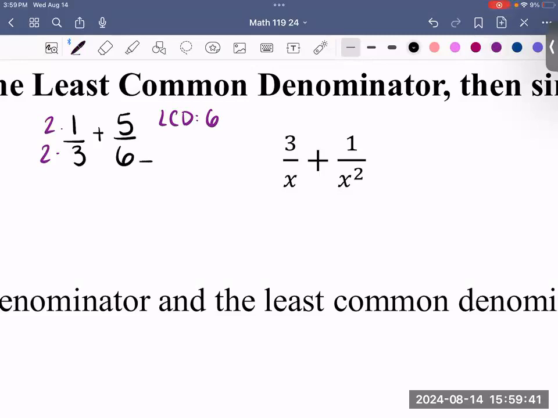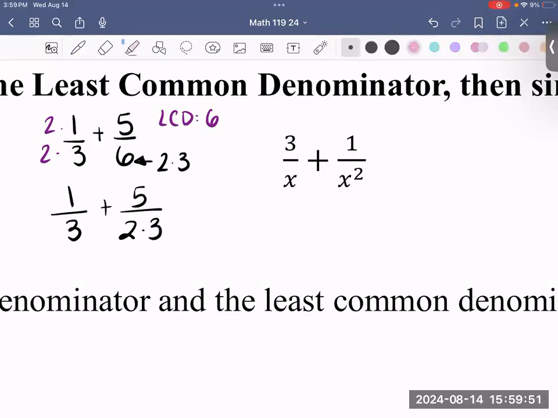But the reason we know that it's a 6 is because 6 is really 2 and 3. So if we were to rewrite this 6, we can say 2 and 3. These 3's match here, but what the 3 was missing is the 2. So we are going to multiply this side by what is missing. You're going to multiply by only what is missing.